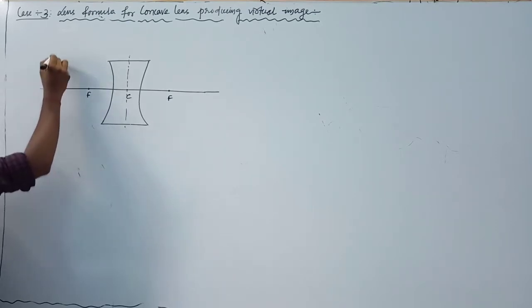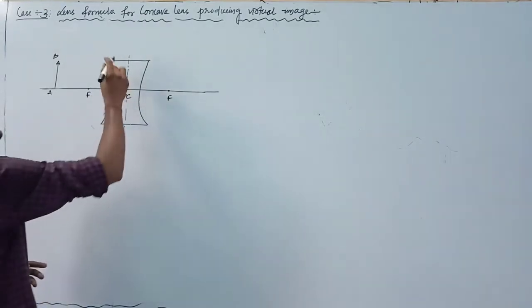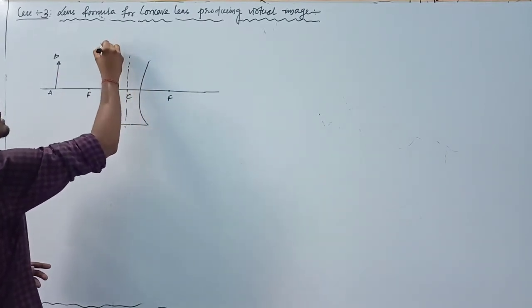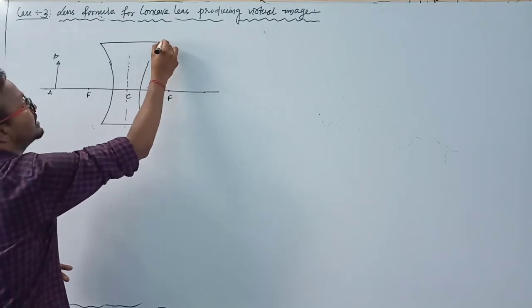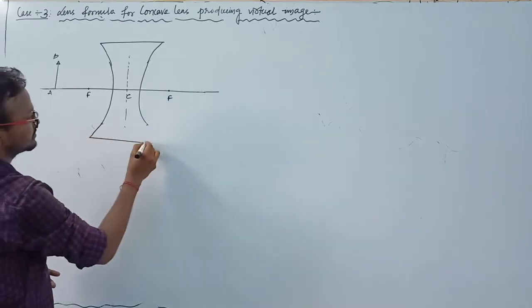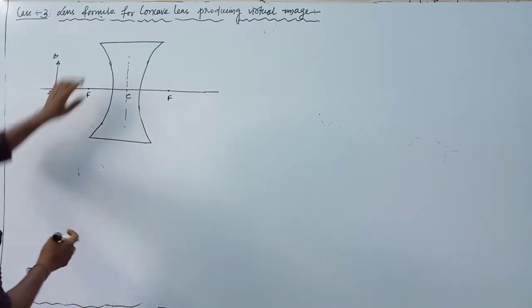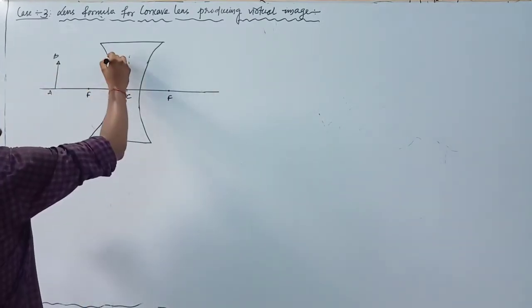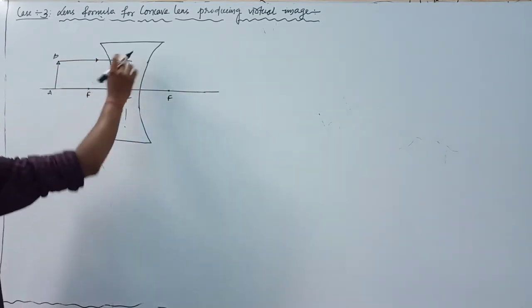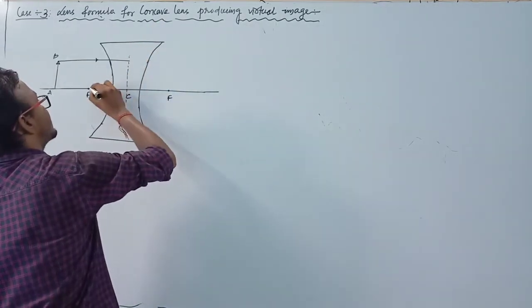this is object AB which lies on the principal axis beyond focus. Then the rays which are parallel to the principal axis, like this, after refraction through this lens travel in this direction.